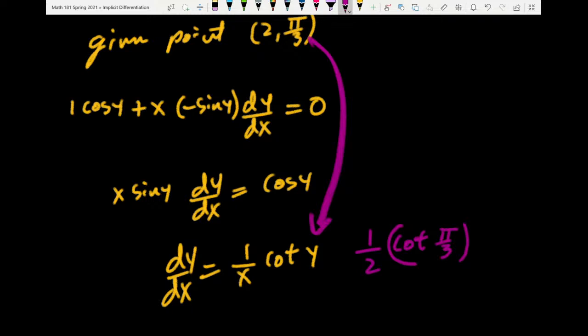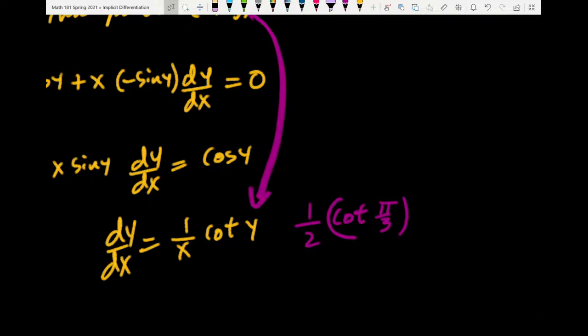So sine over cosine, use the table. 60 degrees: square root of 3 over 2 and 1/2.